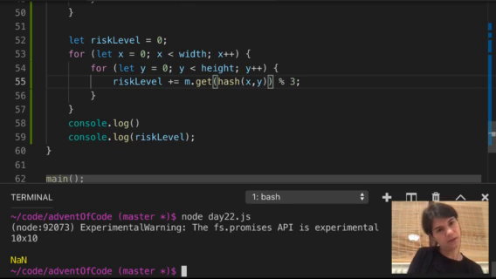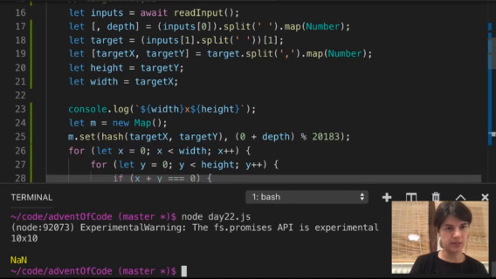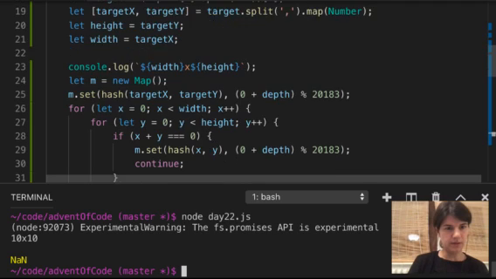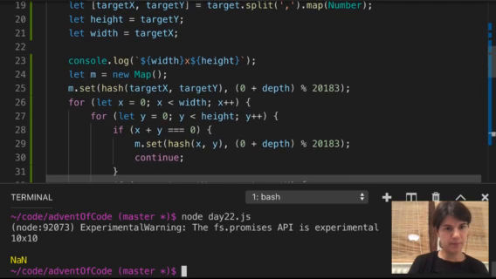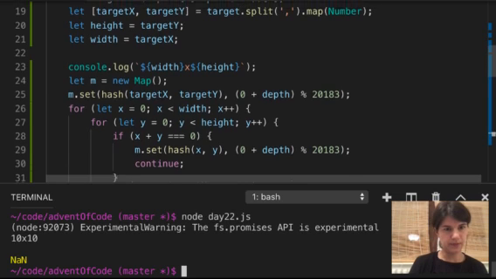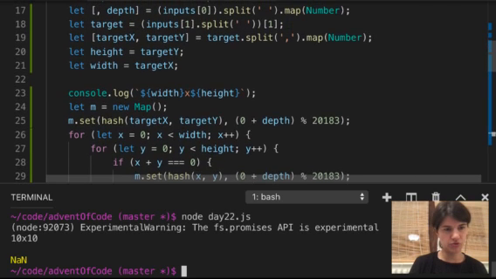Okay, I'll have a 10 by 10 grid. Height and width are 10 by 10. I'm having a map, hash. I don't really need this here.